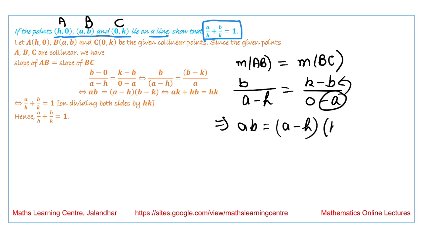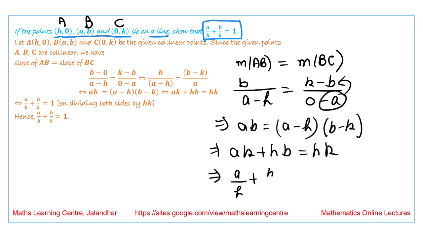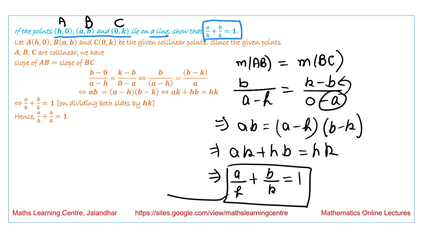So this term will become b minus k. So this implies ak plus hb is equal to hk, and this implies a over h plus b over k is equal to 1. This implies a over h plus b over k is equal to 1.